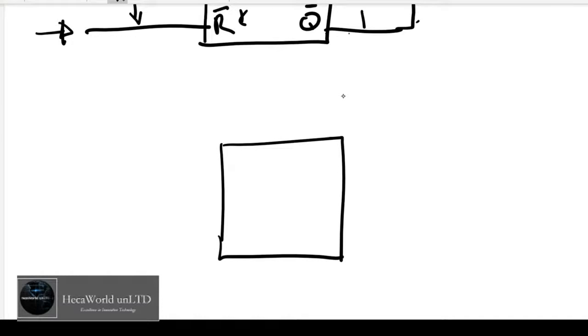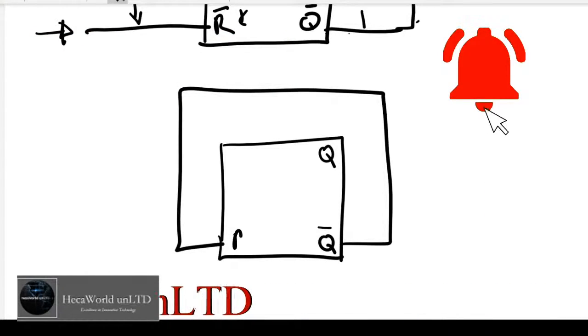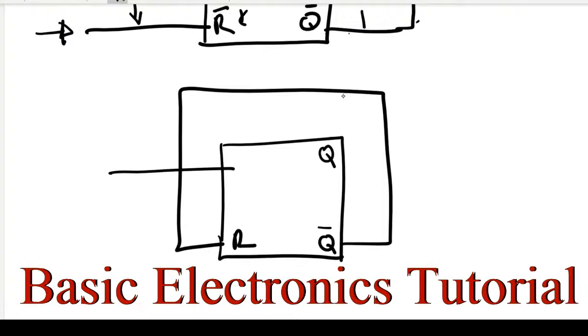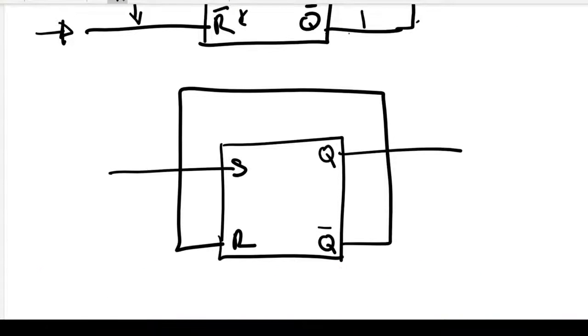If this is Q and not Q, you probably want to do this to reset, and then set is over here. That is your output. If this is low, that means anytime you get a 0 here, you reset.